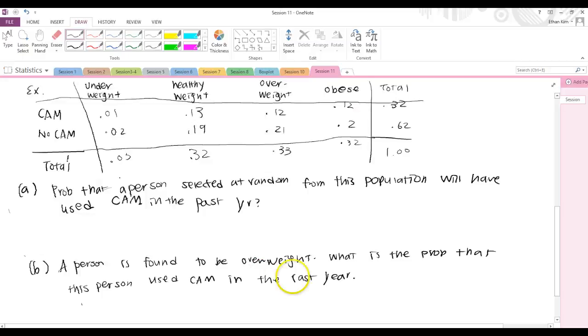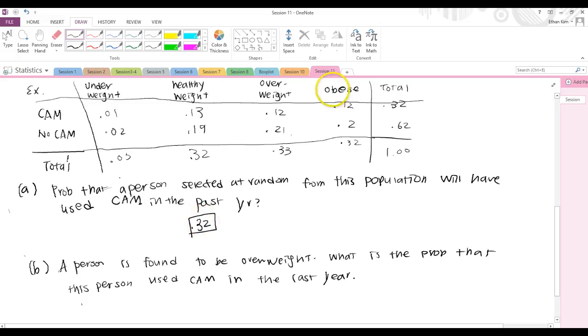So we're looking at the probability that a person selected at random from this population will have used CAM in the past year. Okay, so we're looking at a person selected at random, so we're definitely using this probability. So what's the total for CAM? The population with the usage of CAM, the total is right here, 32. So that's going to be 0.32.